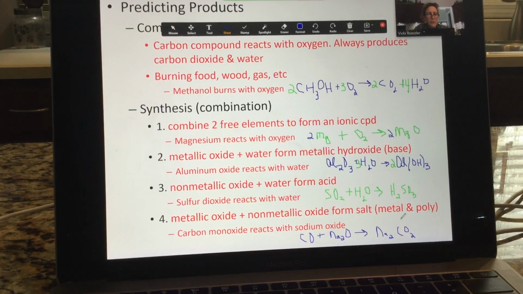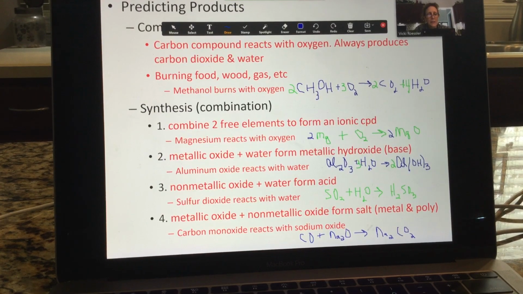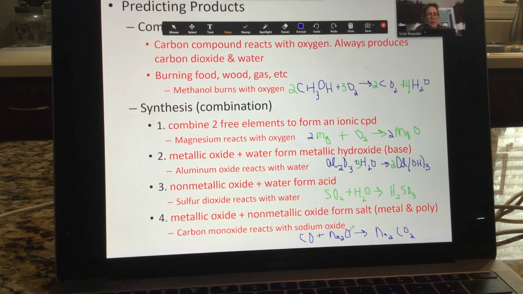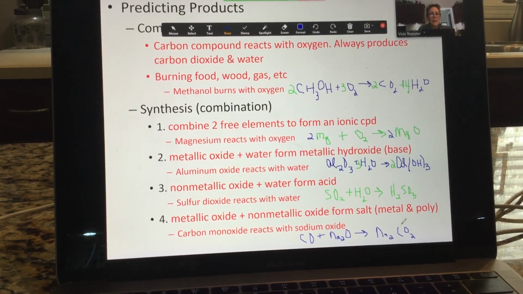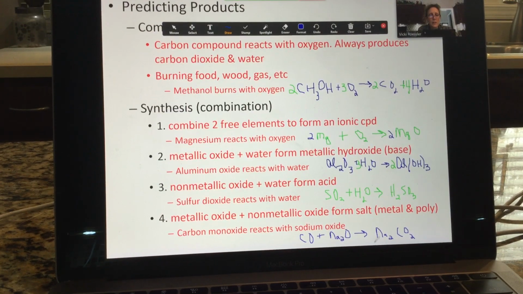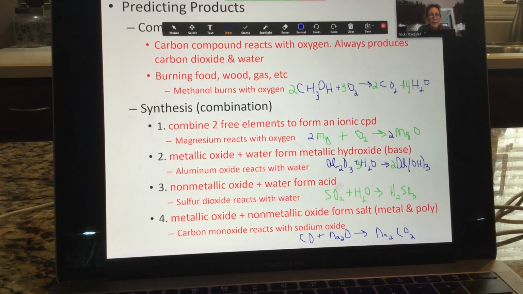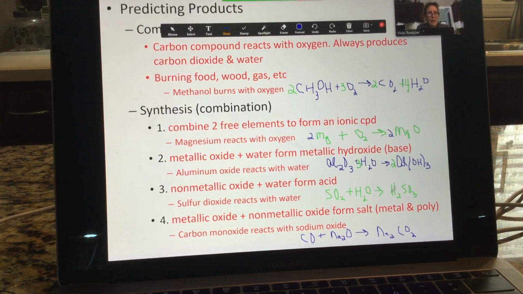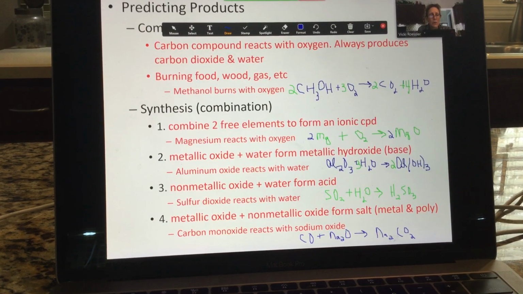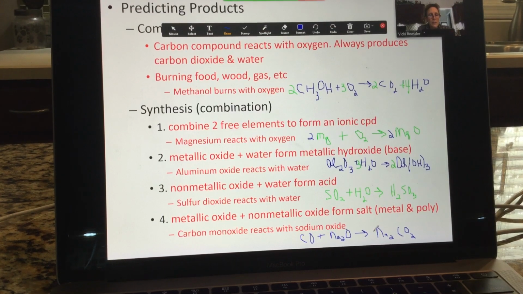It looks like we didn't crisscross, but we really did, because carbonite, CO2 that we get from the remaining elements, has a -2 charge, so the 2 comes down here. So both of these last 2 synthesis reactions should automatically balance, because we're just taking all the elements from the reactant side and combining them into either a ternary acid or an ionic compound that contains a polyatomic ion. So you won't see a whole lot of these.